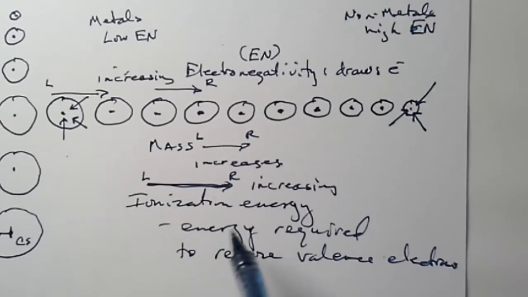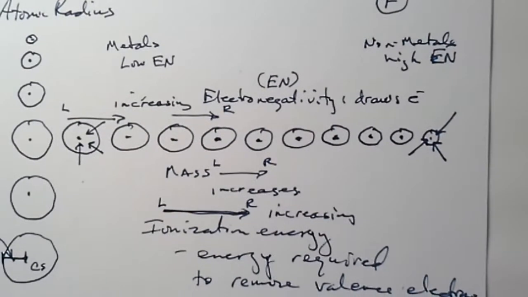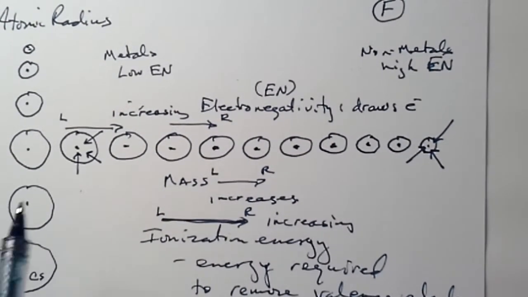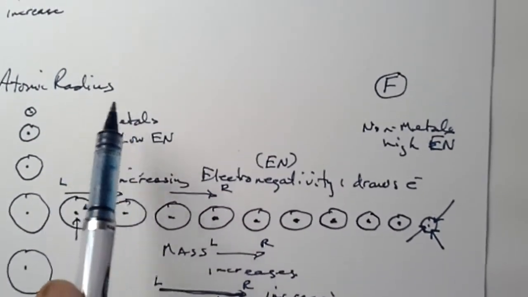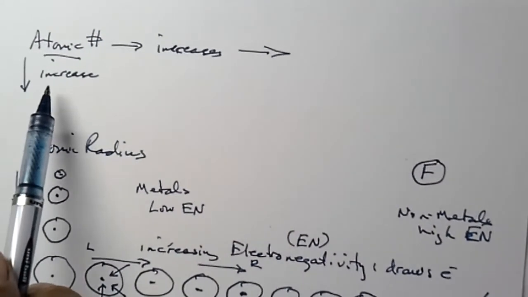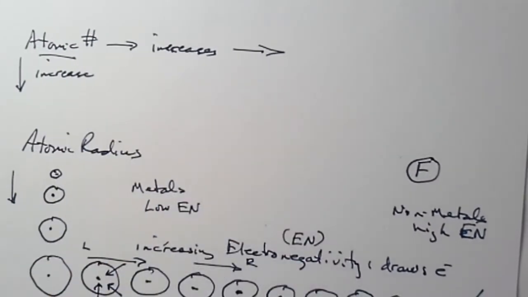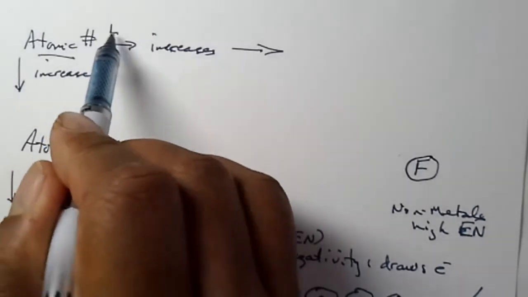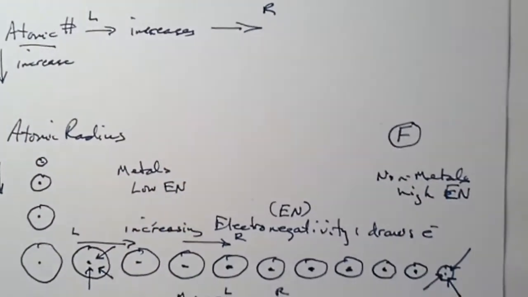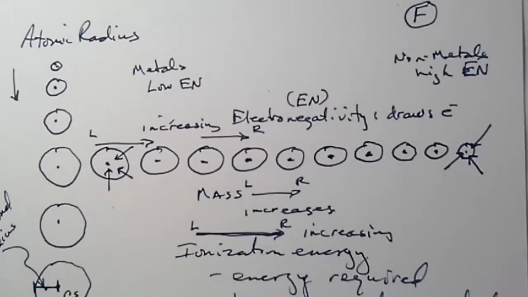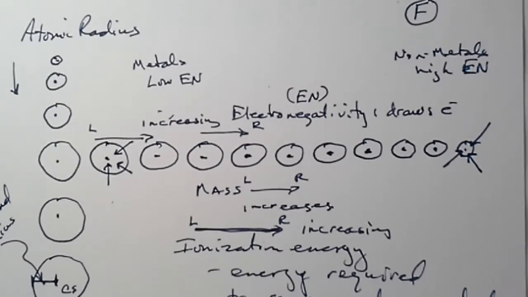And so these are some of the patterns associated with the periodic table. Not only do the atomic numbers increase as you go down and across from left to right, you also increase a number of other properties of these elements.